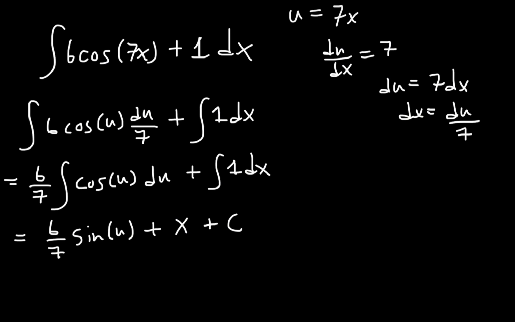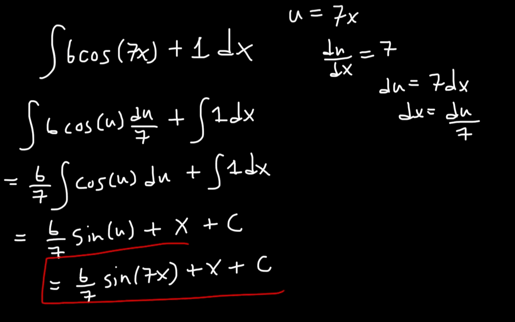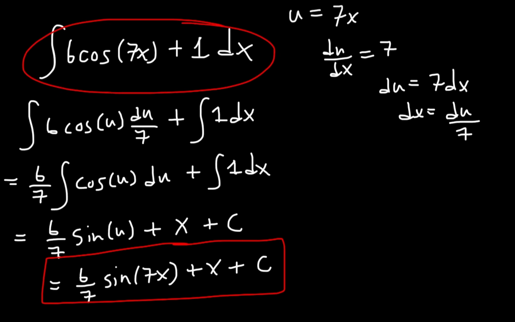And now we're just going to replace u with whatever we had. So u was equal to 7x. So our final answer is going to be 6 over 7 times sine of 7x plus x plus the constant of integration. And that's the indefinite integral of 6 cosine of 7x plus 1.